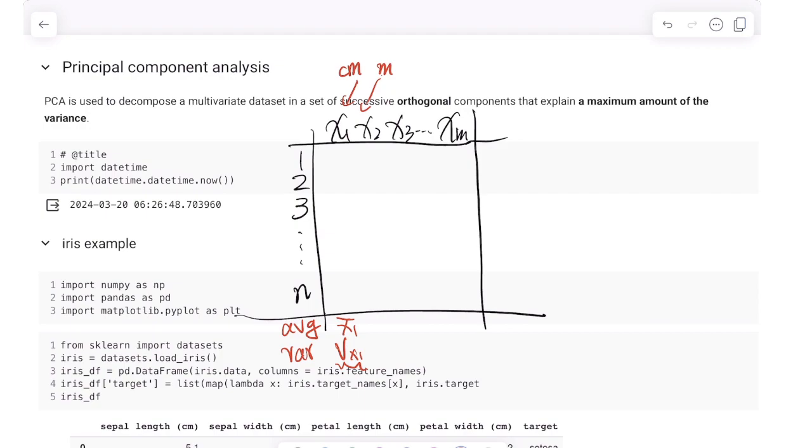So we know that they're related, right? 100 centimeters equals 1 meter, 1.2, something like that. So it's possible to help us do some kind of preprocessing to remove useless data. That is the reason why we want to perform dimension reduction.